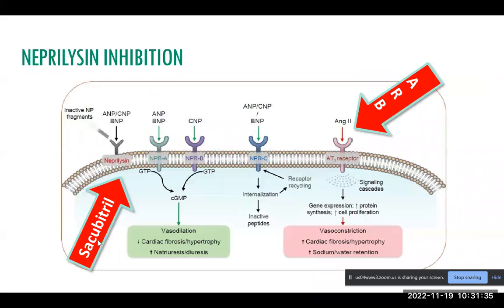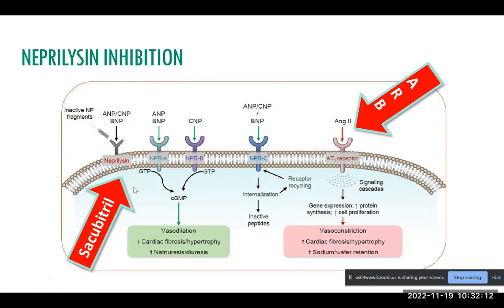Neprilysin inhibition, this is important. As we all know, ARBs work by inhibiting angiotensin 2. But the new thing of interest is sacubitril, which is a neprilysin inhibitor. Neprilysin is an enzyme that leads to degradation of natriuretic peptide.